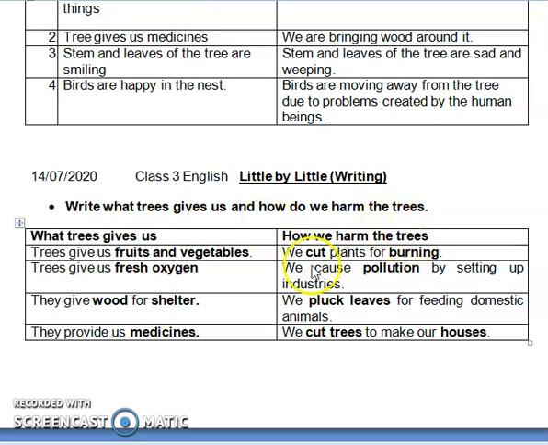Okay. And now, how do we harm the trees? We cut plants for burning. Yes, we cut plants to take wood and to burn the wood. We cause pollution by setting up industries. We pluck leaves for feeding domestic animals. We cut trees to make houses. Okay. So now we can start the discussion again if you have any problem.